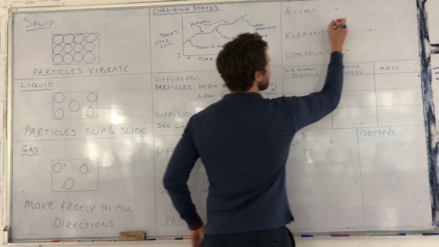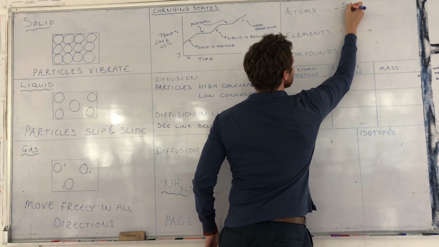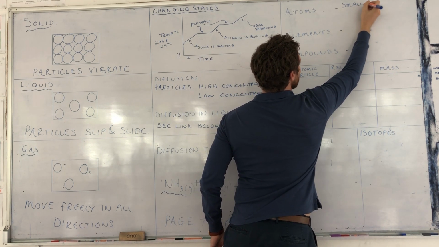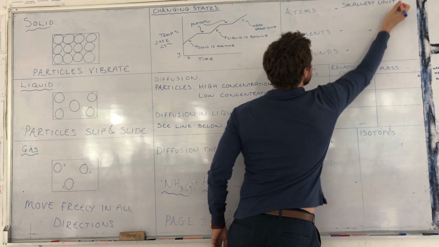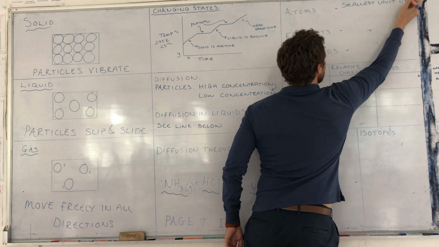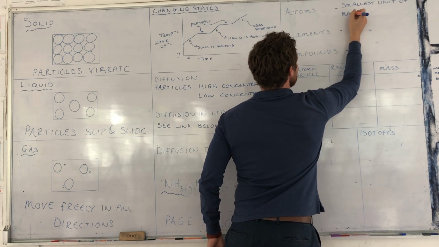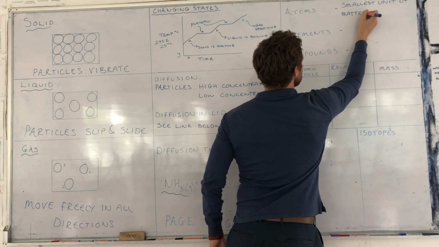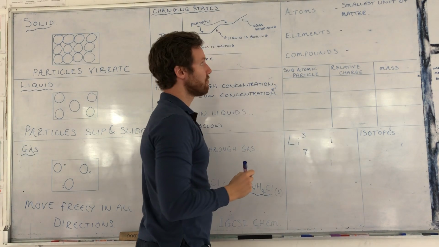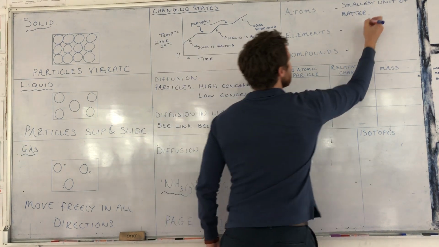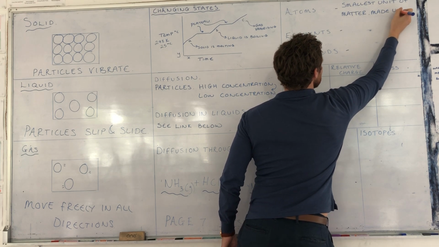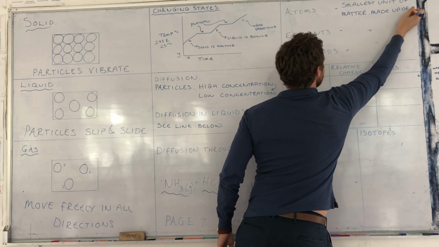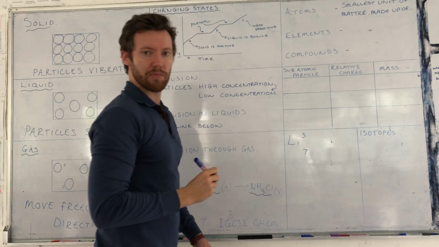So atoms, what are they? We refer to them as being the smallest units of matter. Okay, it's the smallest unit of matter. Let's put some more information in. They are made up of three subatomic particles.